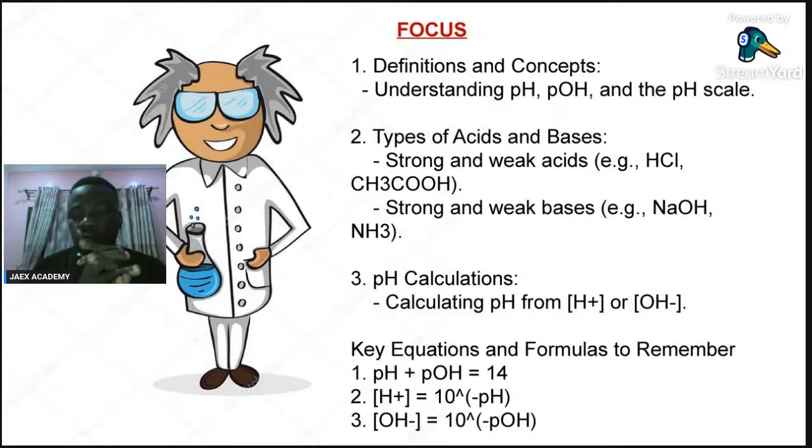An example of a strong acid is hydrochloric acid, and a weak acid is CH3COOH. Next, we'll look at pH calculations and some key equations, such as pH plus pOH equals 14.